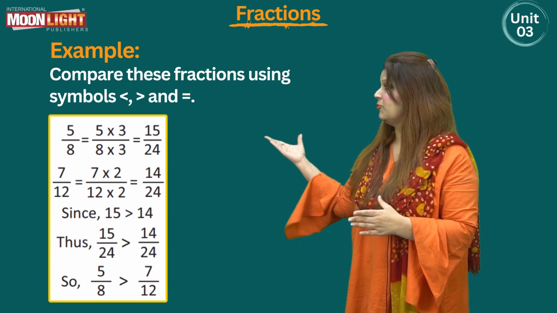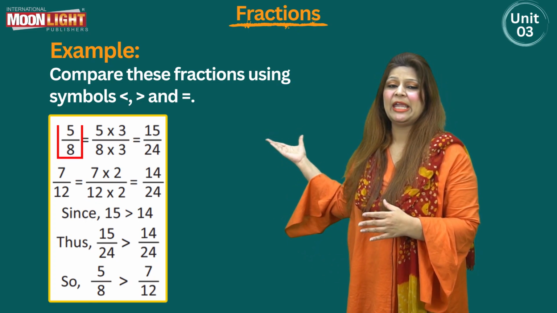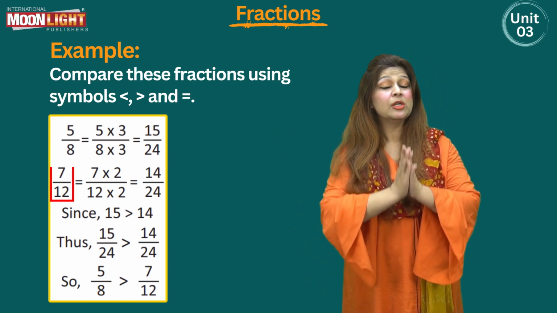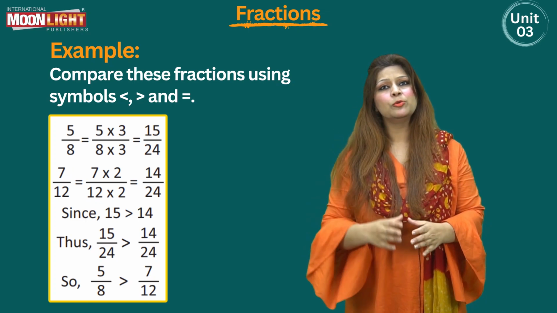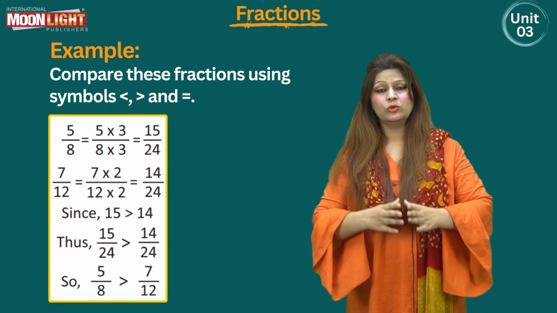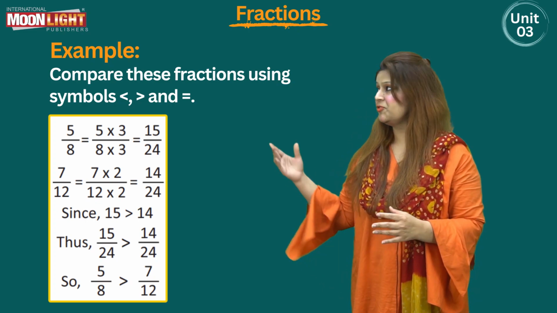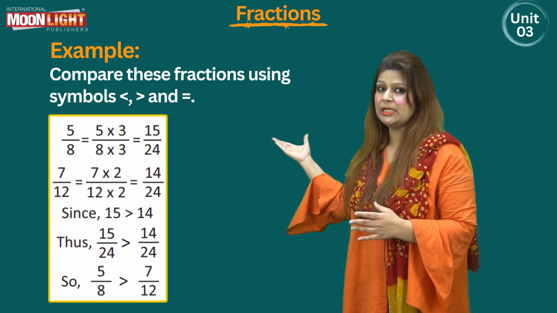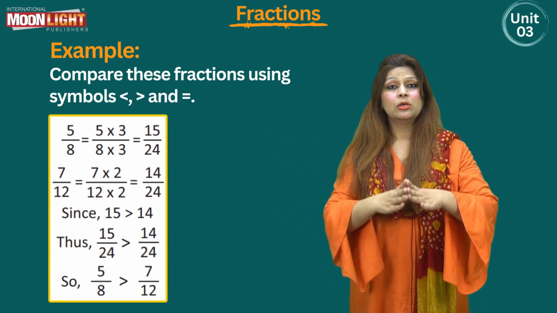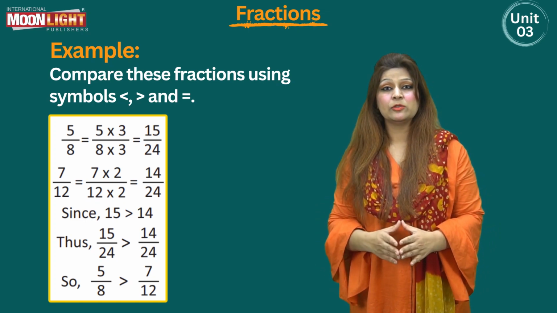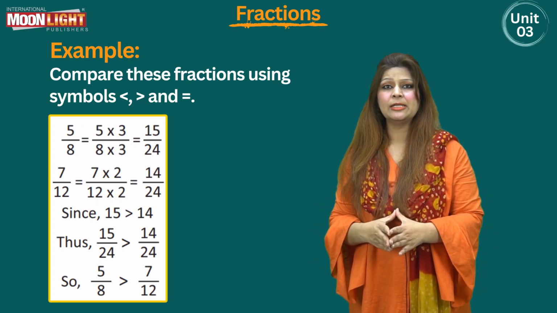The fractions are 5 by 8 and 7 by 12. We are just going to put the symbol here. First take the first fraction, which is 5 by 8, and then the second fraction.